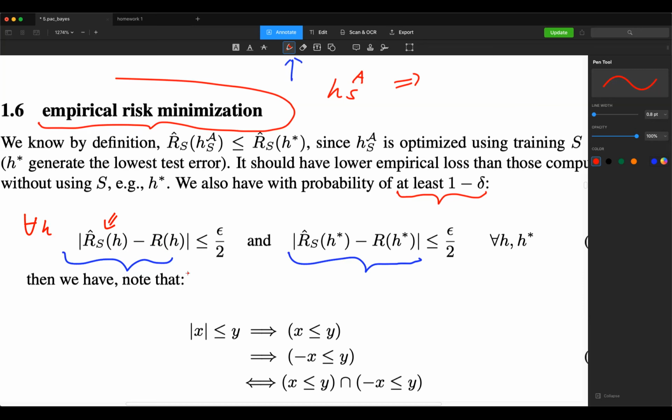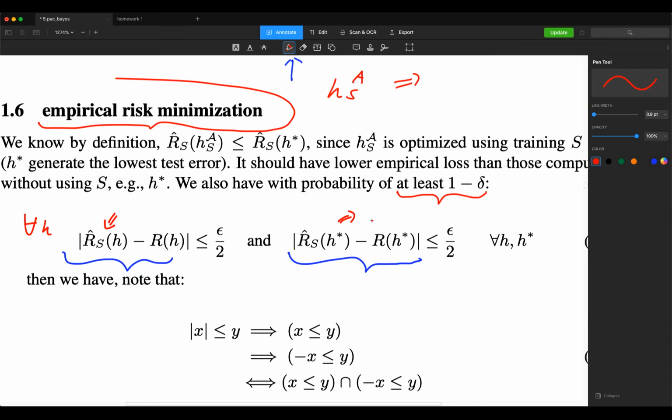So this is also the empirical risk, right? But what's H star? The best hypothesis, the one with the lowest expected risk.